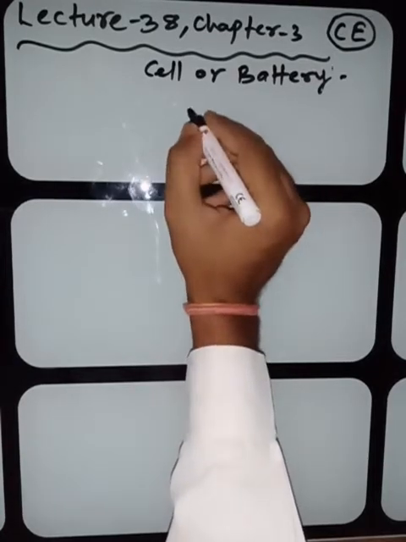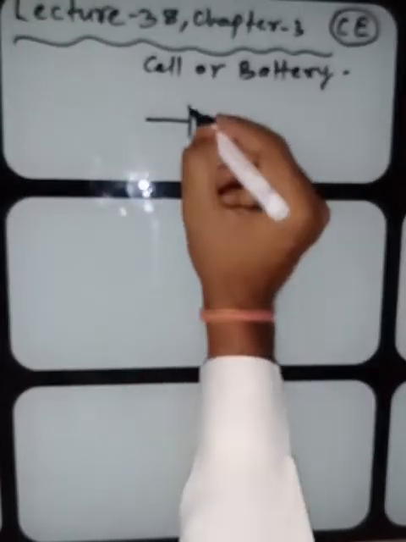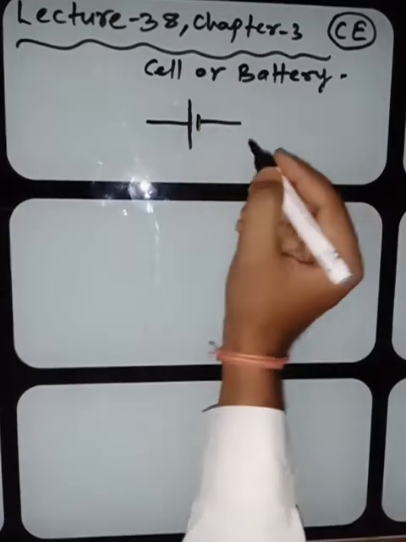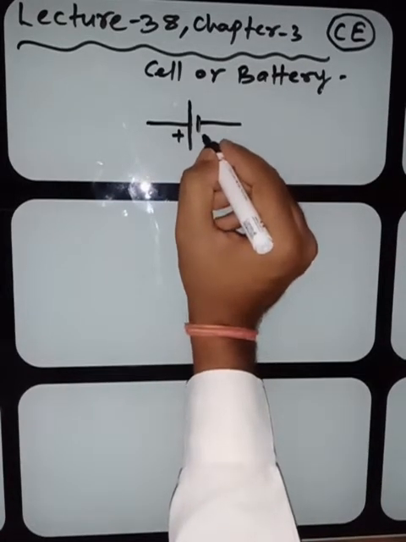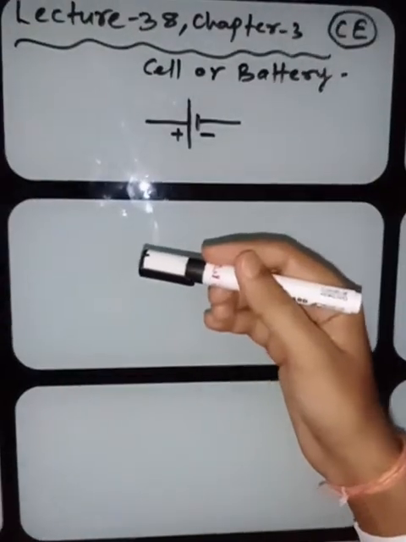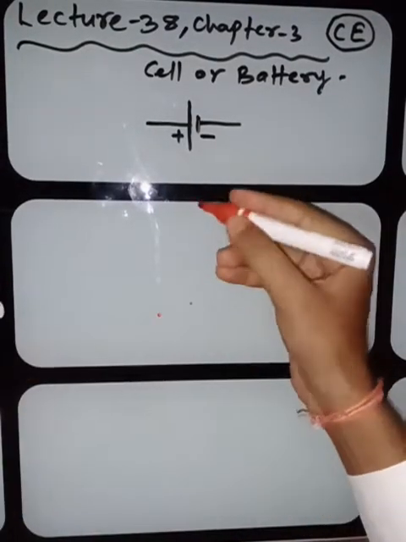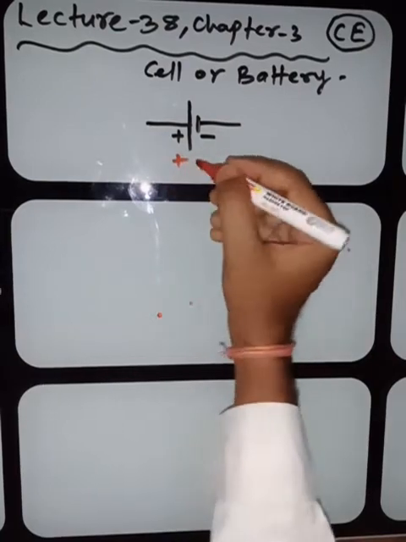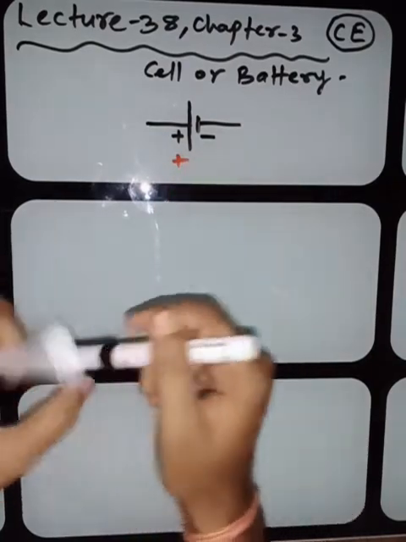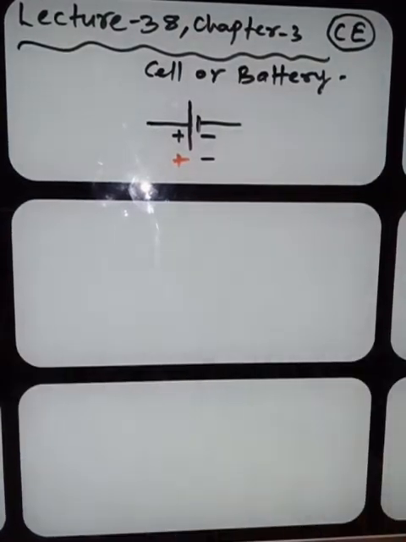This is the symbol you use to draw a cell: the big terminal and the small terminal. The big terminal represents the positive terminal and the small one is the negative terminal. Practically, in a cell the positive is represented by red and the negative by black.